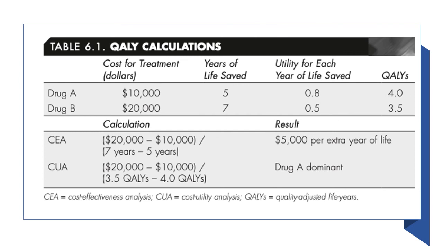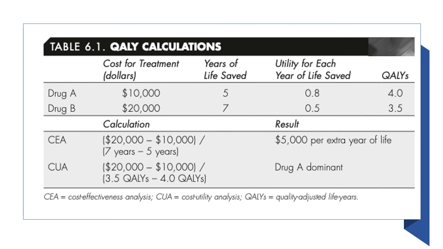Now, when you calculate using cost effectiveness analysis, the result will show that drug B is better than drug A. But when you calculate with cost utility analysis, you find that drug A is dominant on the basis of quality adjusted life years.